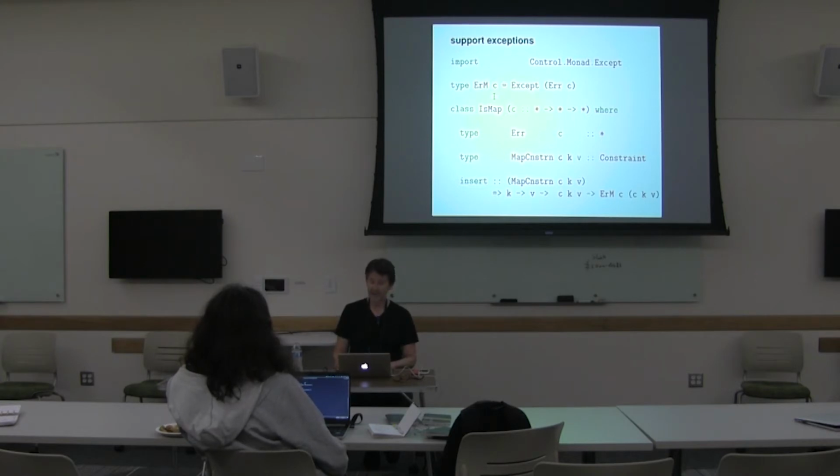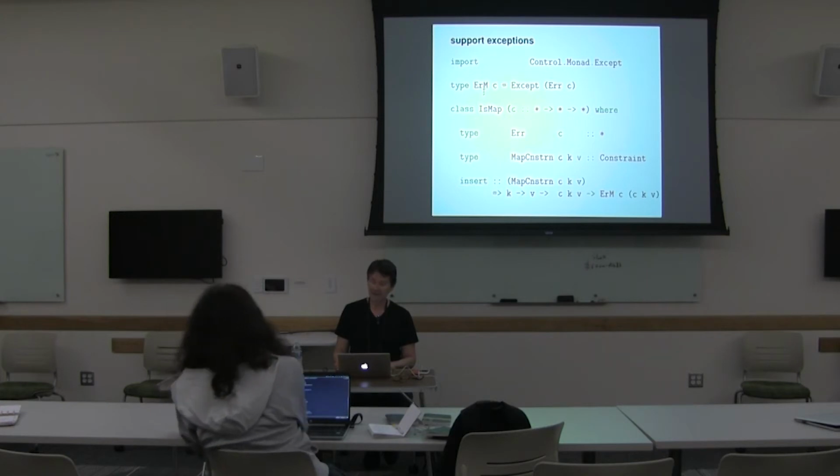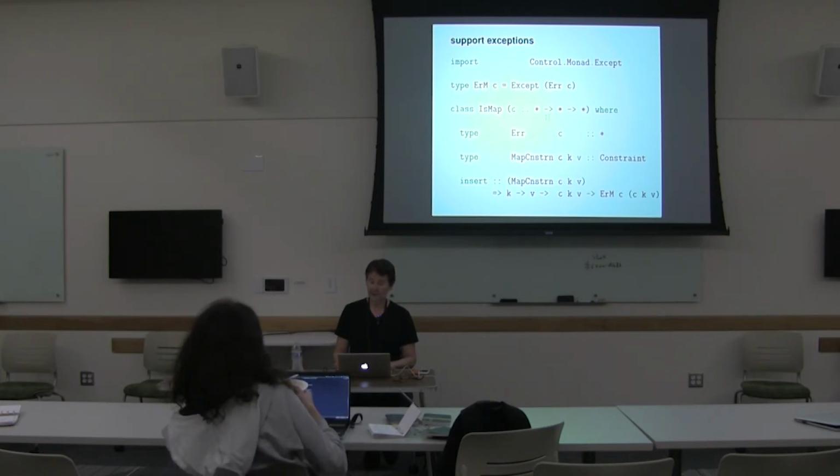And then I've got some shorthand: I've got a type called ErrorM. Given the C, it returns whatever type that Err returns, and wraps it up in the Except monad, which you can just think of as Either. It's either a Left or a Right.